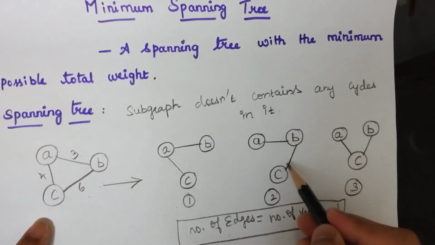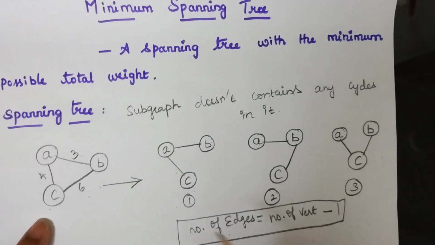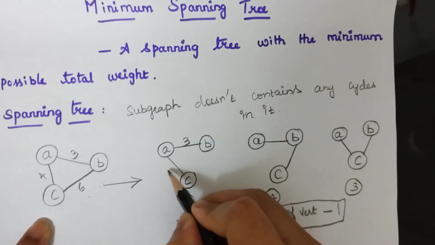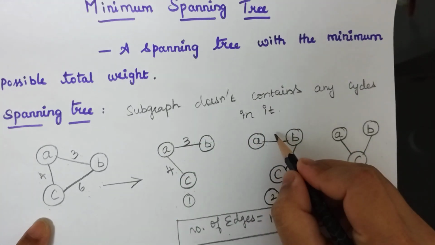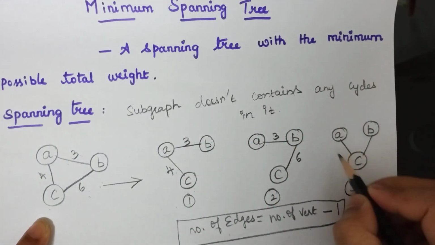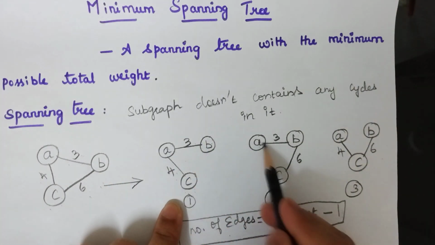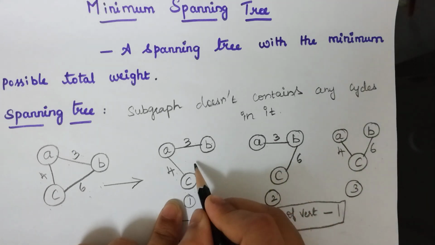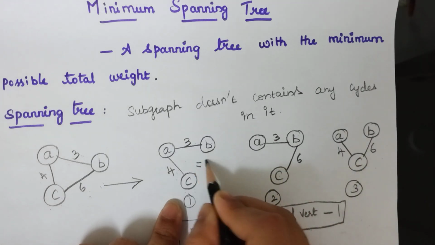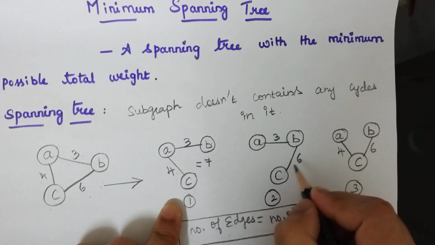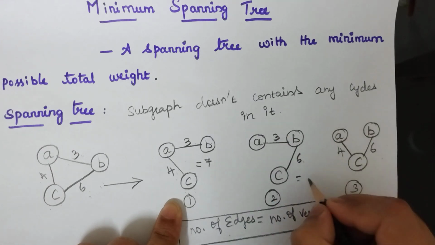Now in all these spanning trees, again you need to have the weights on the edges: here 3, here 6, and here 4 and 6. If you calculate the total cost of these spanning trees, what would be the total cost of this spanning tree? That can be 7, and the total cost for this one is 6 plus 3, 9.